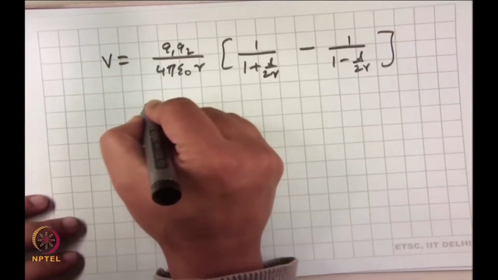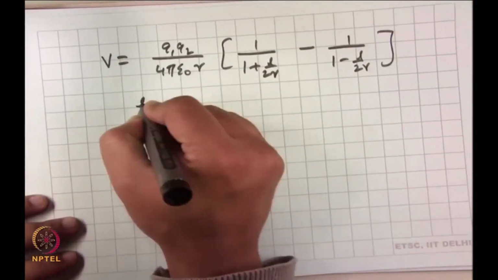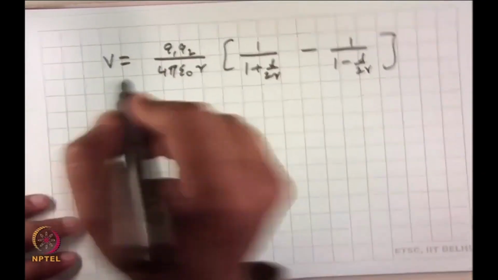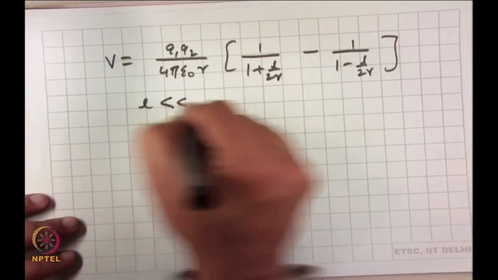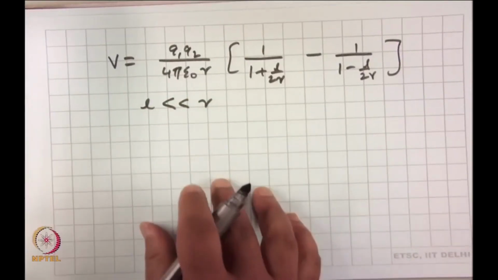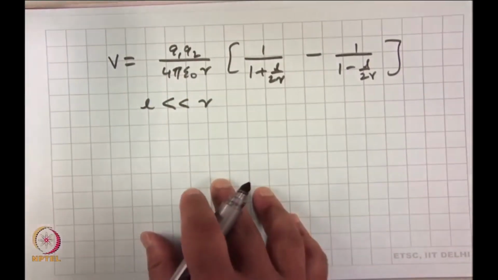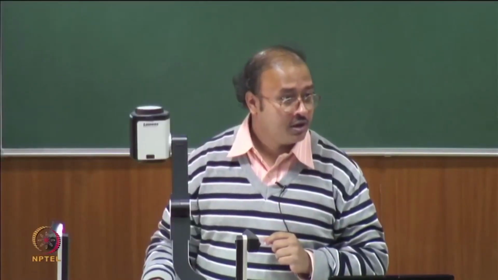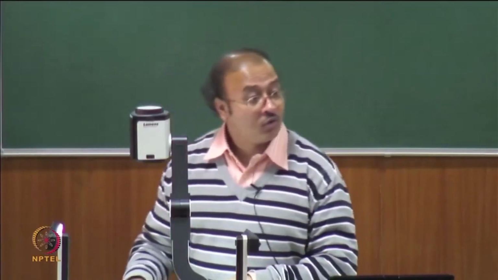That means I say that L, which is the length of the dipole, or the separation of the dipolar ends, is much less than R, which is the separation of the charge from the center of the dipole. Now if I do that, what will happen?